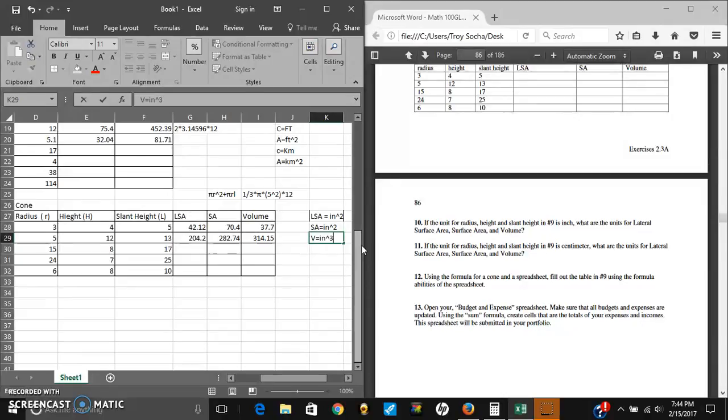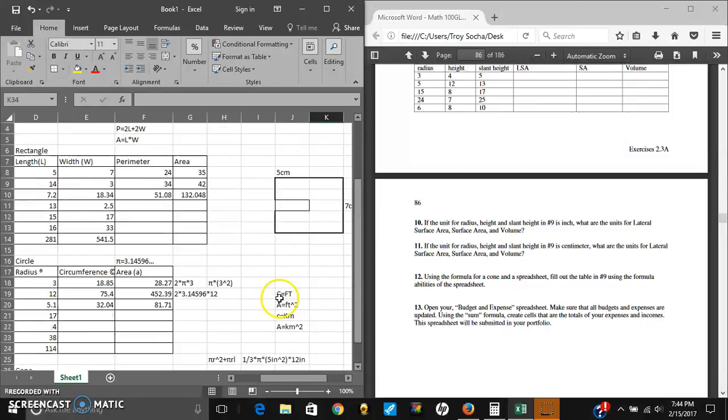We're squaring the radius. Technically, the formula should read like this, and therefore we get inches throughout our multiplication. So that's going to be inches cubed.